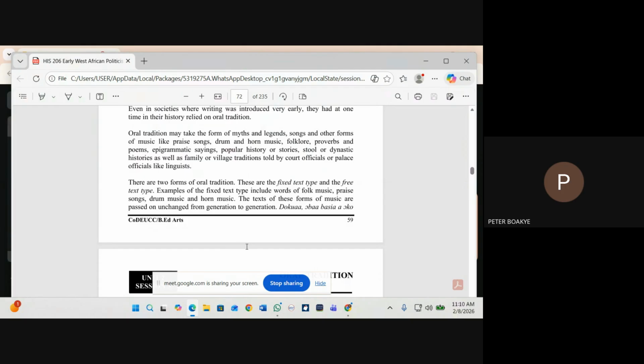So there are 2 forms of oral tradition. I want to put all this together. These are the fixed text type and the free text type. The fixed text type includes folk words, folk music, praise songs, drum music, and horn music. Take note: folk music, praise songs, drum music, and horn music. These forms of music are passed on unchanged from generation to generation.